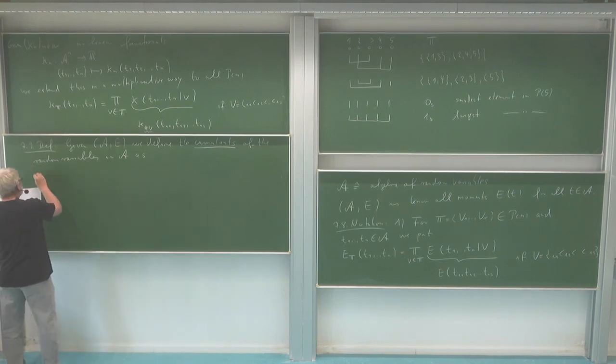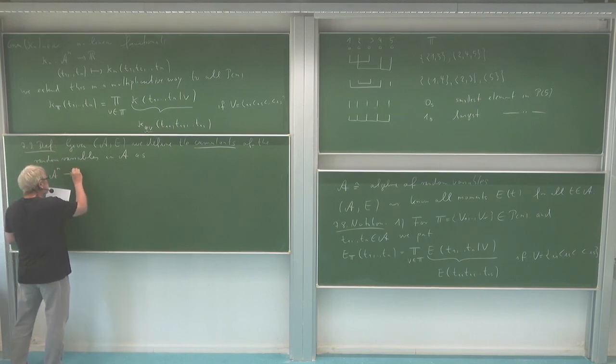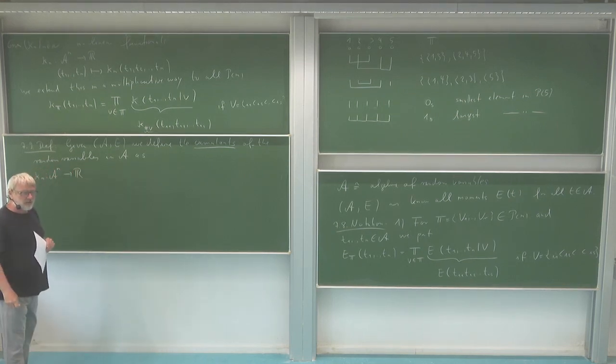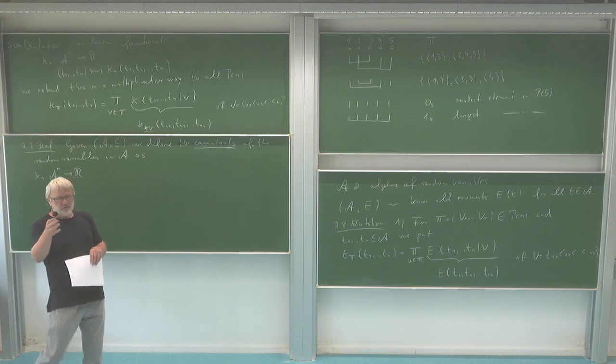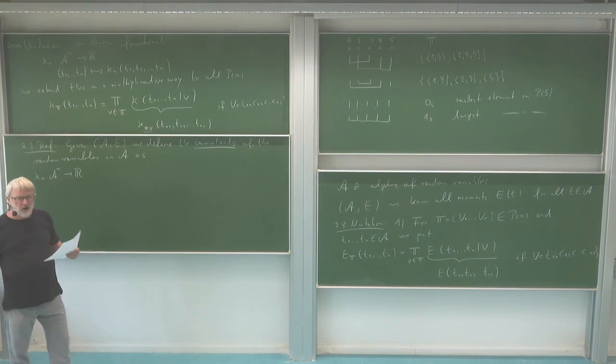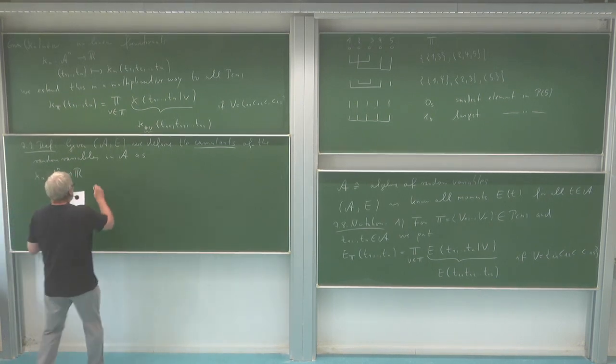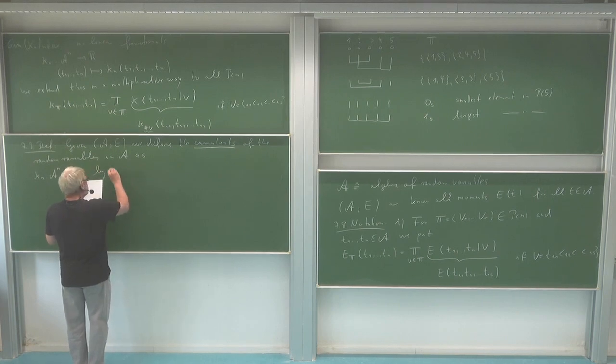So the kappa n's should be multilinear functionals from A^n to R. Each kappa n should take n arguments, random variables, and then it should spit out some number. Okay, and how is it defined?